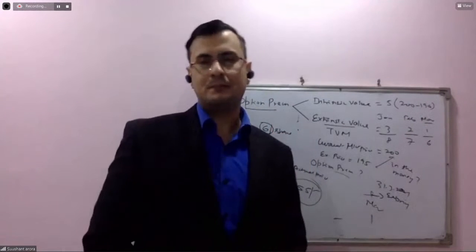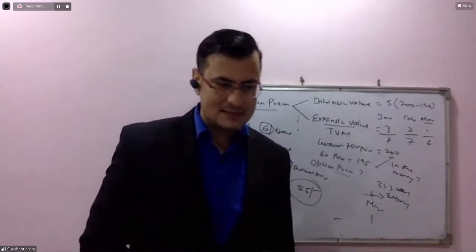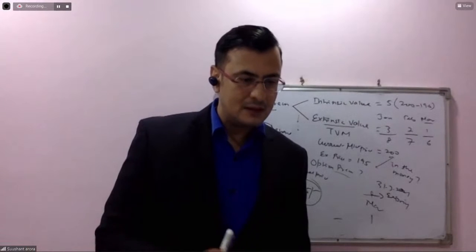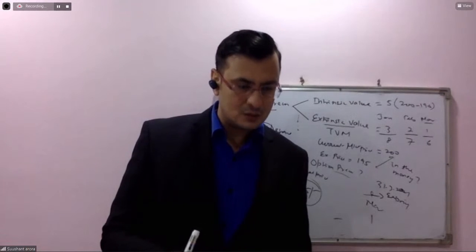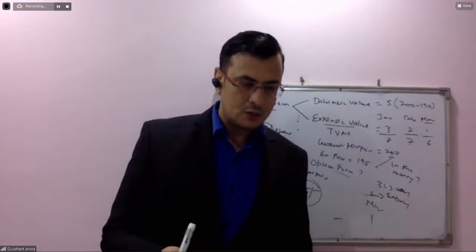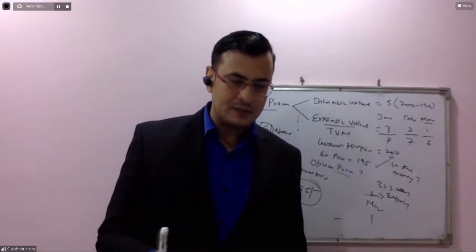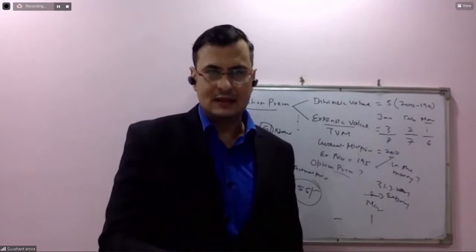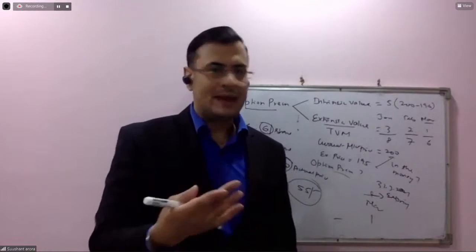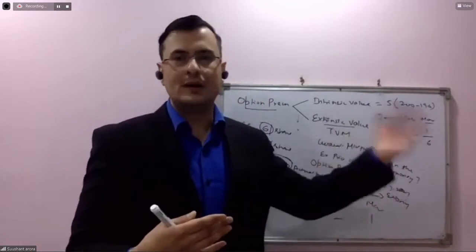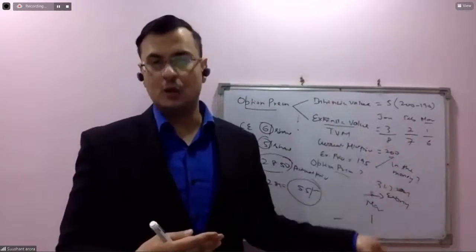If you're asking from a practical perspective, if you are buying in March or February, will 200 be the spot price? Spot price can be anything. It could be 200, 250, 210, or it could also go to 100 rupees.